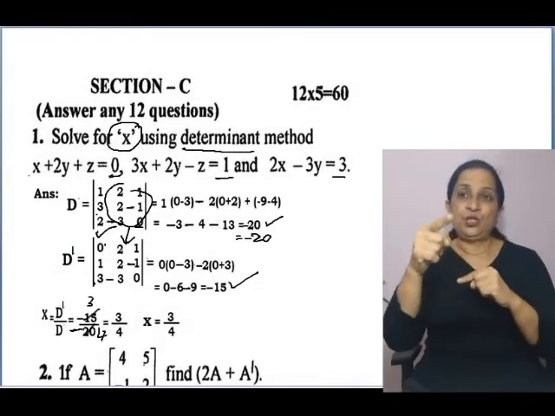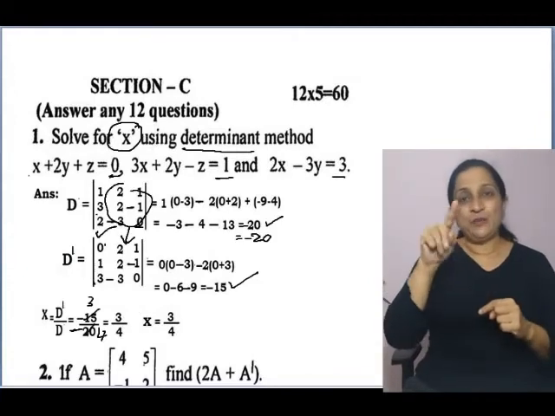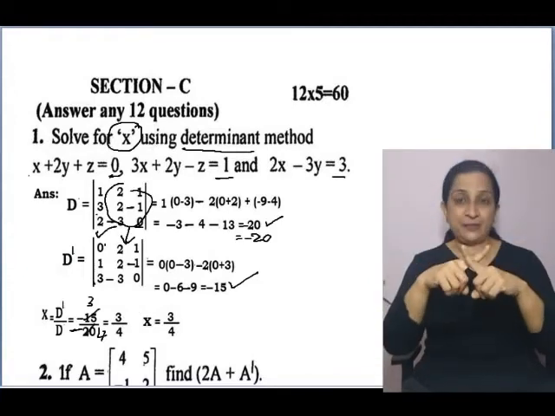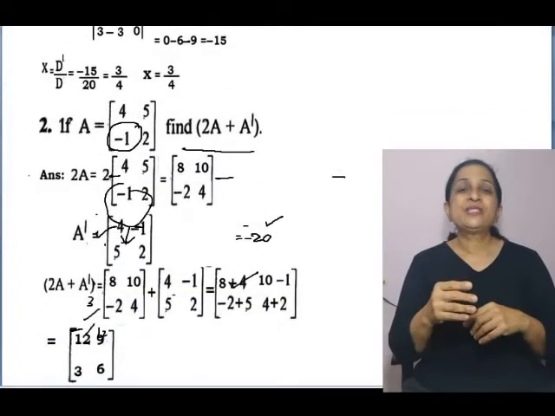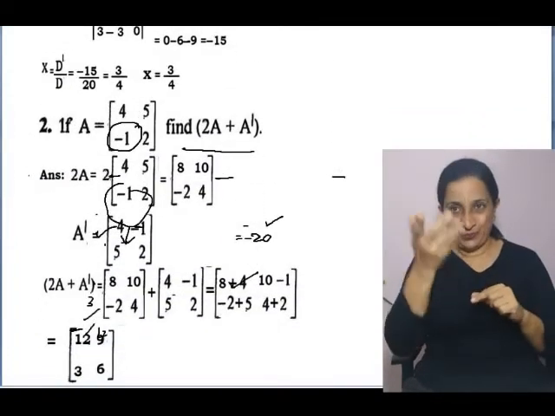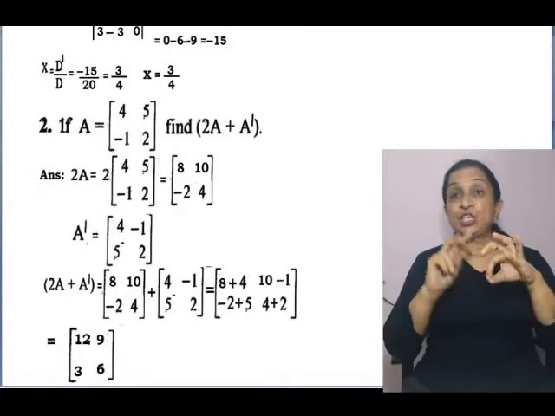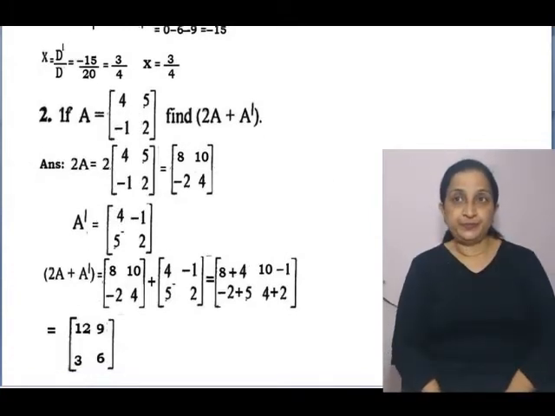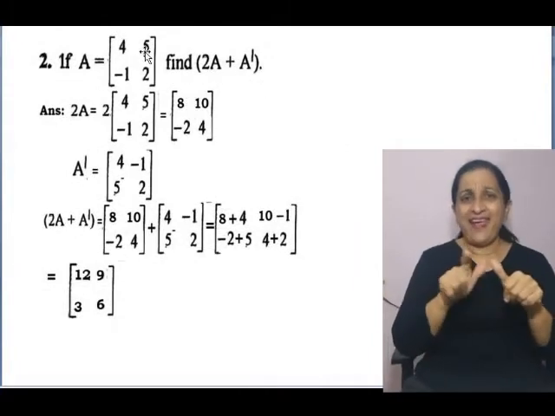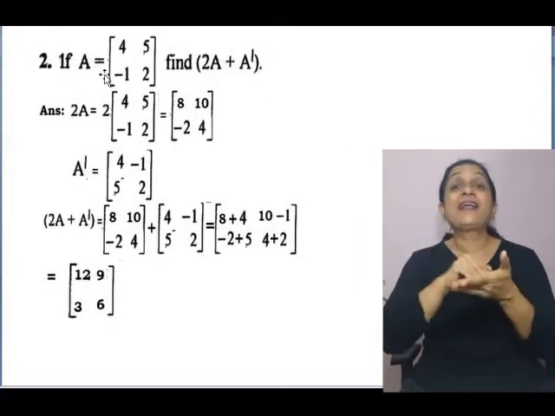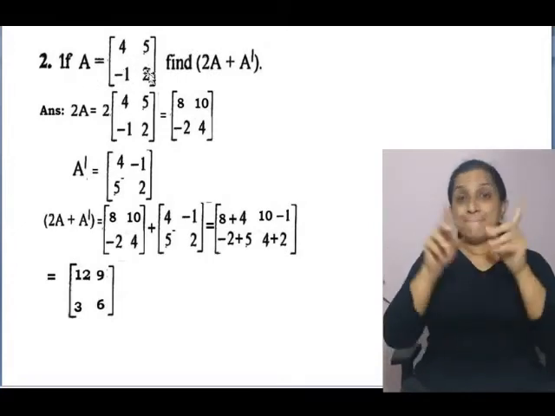Next we go to the next problem here. We'll go a little fast. Now, by now you know the way things are working. The second one is very simple. Matrix problem. A is equal to this matrix.